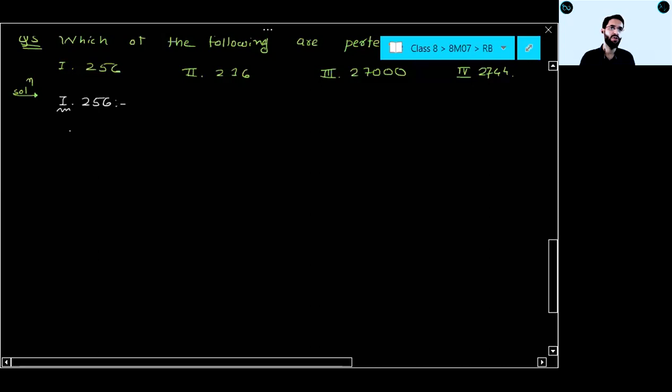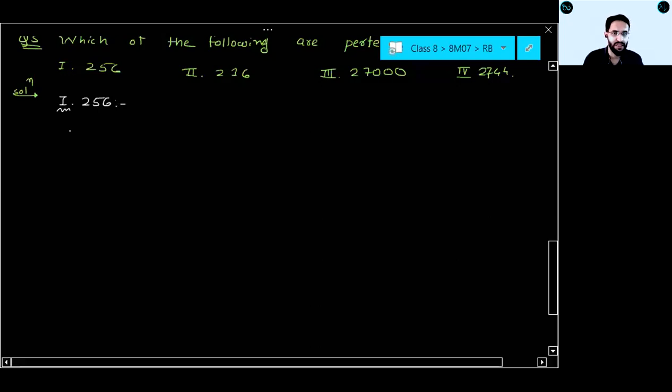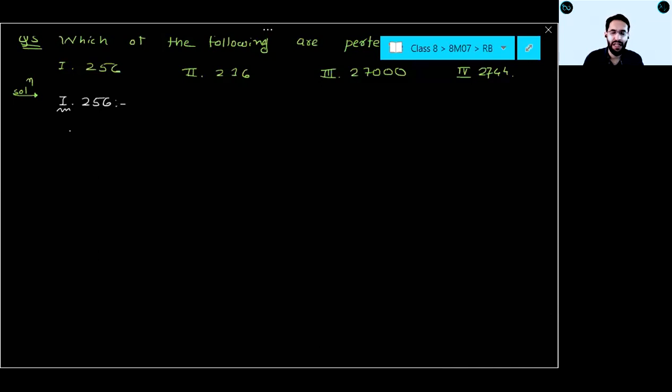Exactly, because you know that 4 cube is 64, 5 cube is 125, 6 cube is 216, then 7 cube is 343. So between 216 and 343, there is no other perfect cube. Like that you can say. But to check whether a number is a perfect cube or not, there is only one approved method, that is prime factorization.